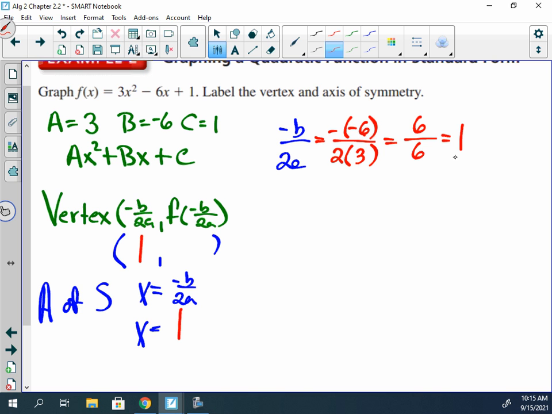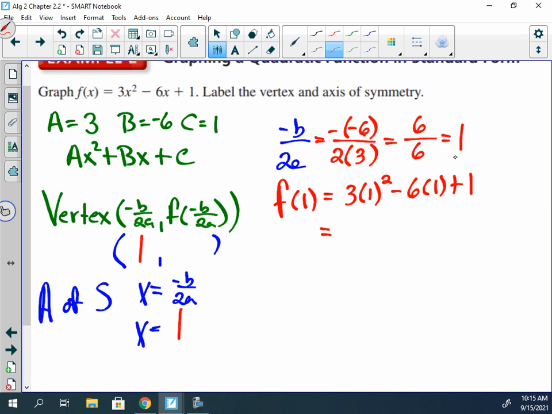Probably your big question is the f of negative b over 2a, yes? Well, the vertex is an x comma y value, yes? If I know the x value of the vertex, to find the y, we can plug it in. So f of negative b over 2a is really just f of 1, which would be 3 times 1 squared minus 6 times 1 plus 1.